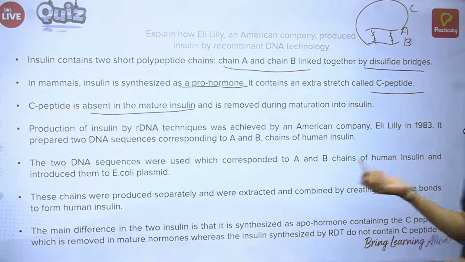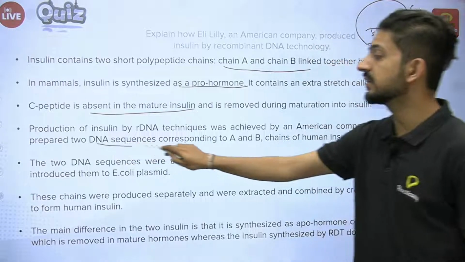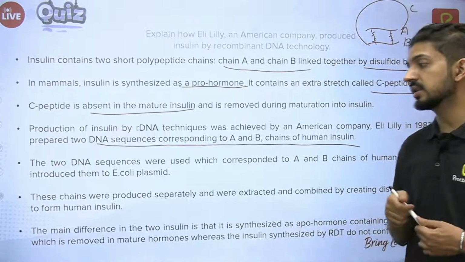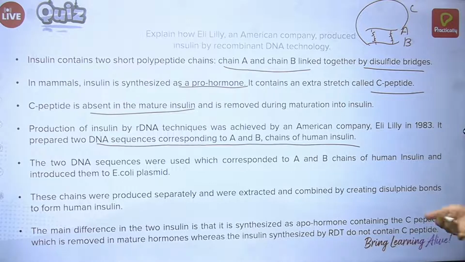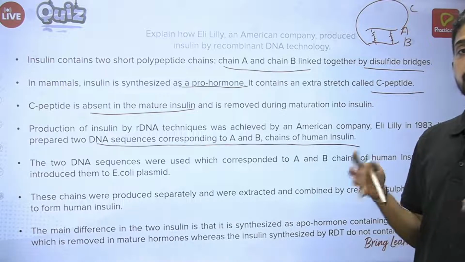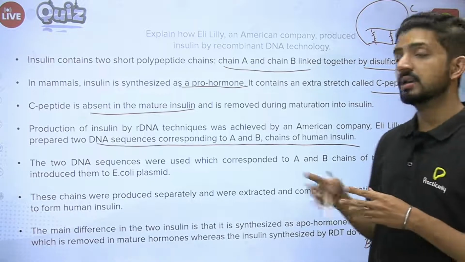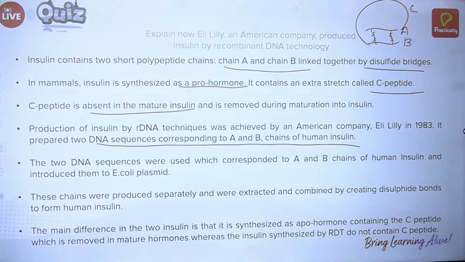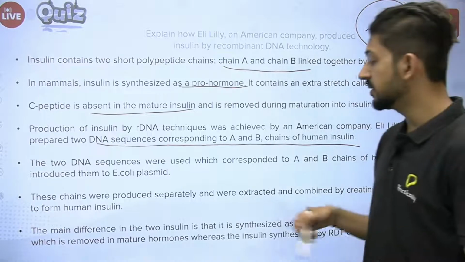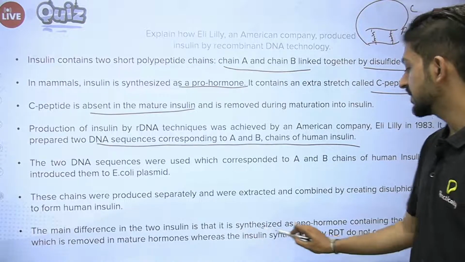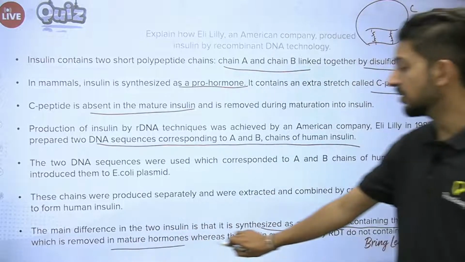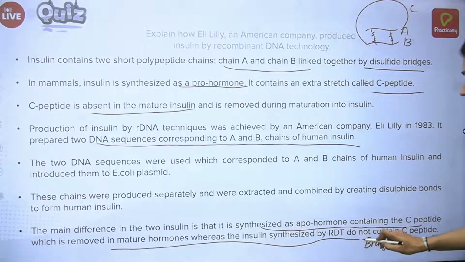They prepared two DNA sequences corresponding to the A and B chains of human insulin, and then these two DNA sequences were connected together. They used normal recombinant DNA technology to do this process, and that is what we have to explain. And what is the main difference in the two insulins? One is synthesized as a prohormone containing C peptide, which is removed in the mature hormone, whereas insulin synthesized by the rDNA technology does not contain C peptide. That is the advantage.